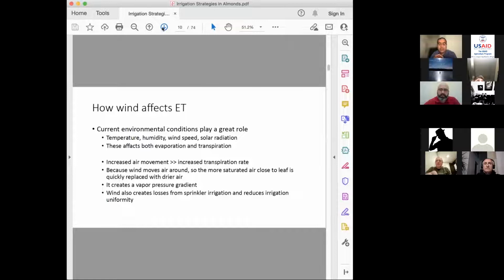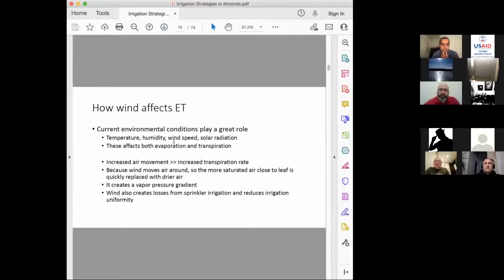There are complicated calculations to do that, because a lot of different components are built into the models that the weather stations use. So for a particular region, for a particular high wind scenario on a particular day, the evapotranspiration calculation would be done by a weather station, and those calculations would be higher than on a non-windy day.